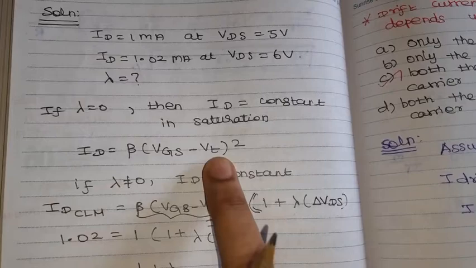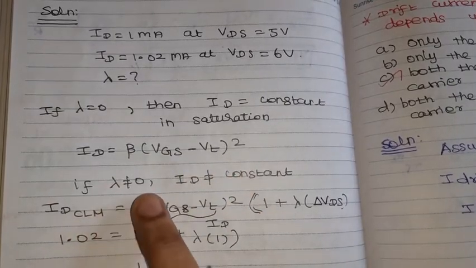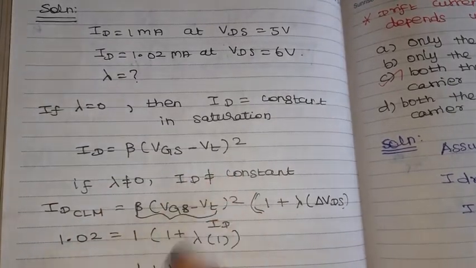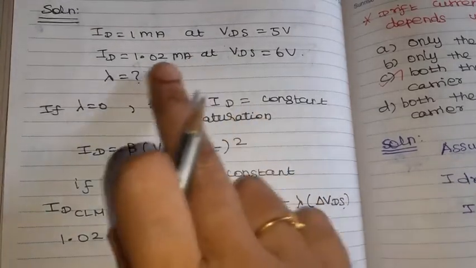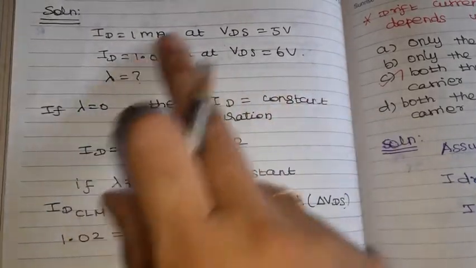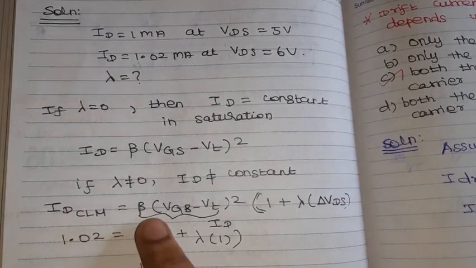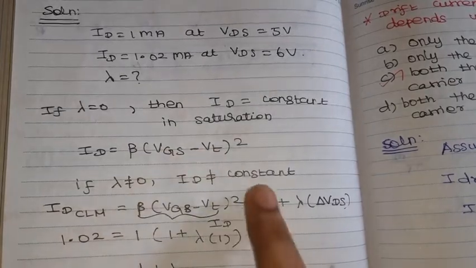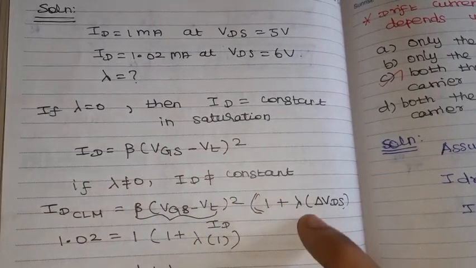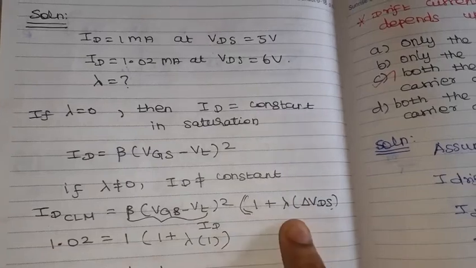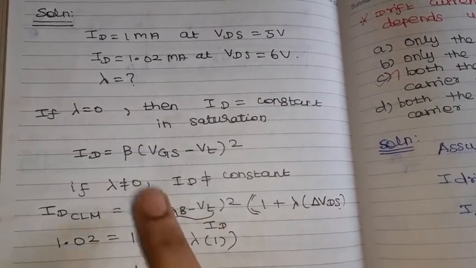That time this is the formula. If lambda is not equal to 0, ID, the drain current, is varying now. So what is the formula? ID with channel length modulation is equal to beta into VGS minus VT the whole square into 1 plus lambda into del VDS. So this is the formula if we take lambda.